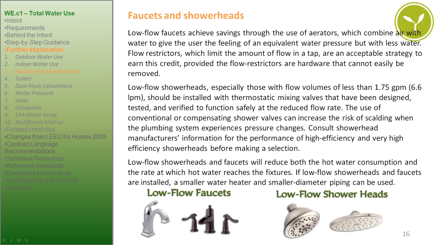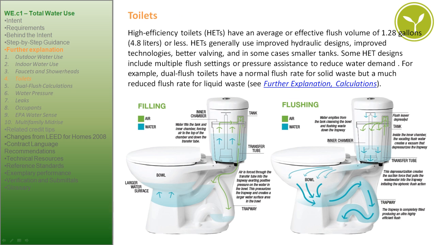Low-flow shower heads and faucets will reduce both the hot water consumption and the rate at which hot water reaches the fixtures. If low-flow shower heads and faucets are installed, a smaller water heater and smaller diameter piping can be used. Toilets.